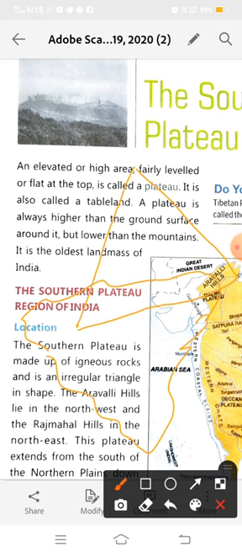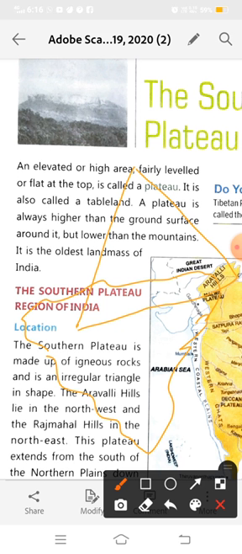Okay, it is composed of old igneous and metamorphic rocks. You are aware of igneous rocks. Igneous rocks are formed from the solidification of molten rocks. You have also read about igneous rocks in your science. Okay, and what are metamorphic rocks?